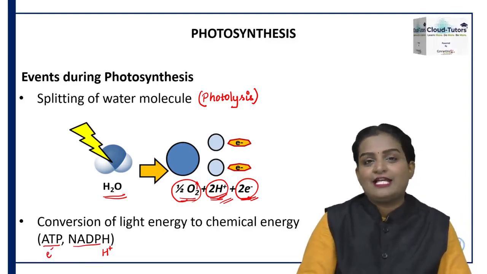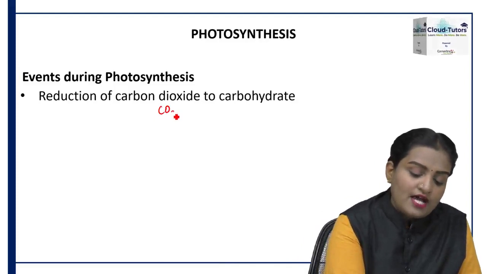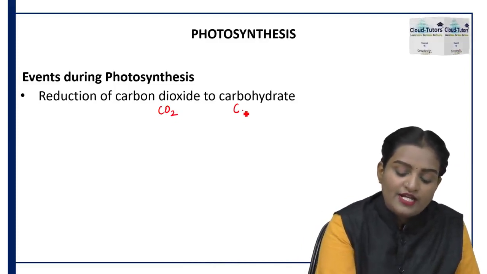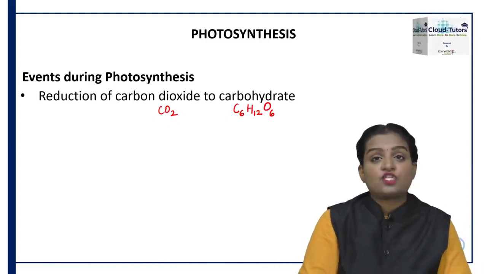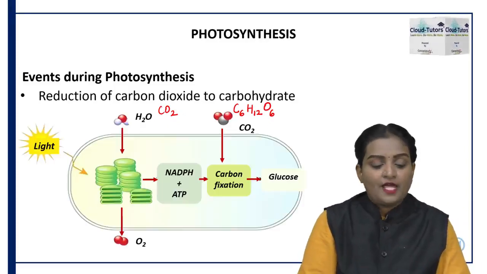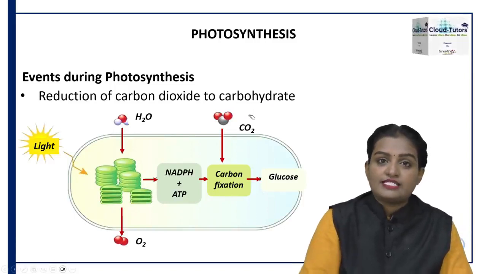These two will be utilized in the final step, that is reduction reaction of CO2 into carbohydrate. Here carbohydrate is nothing but our glucose, that is C6H12O6. If you see the complete reaction, what is happening?